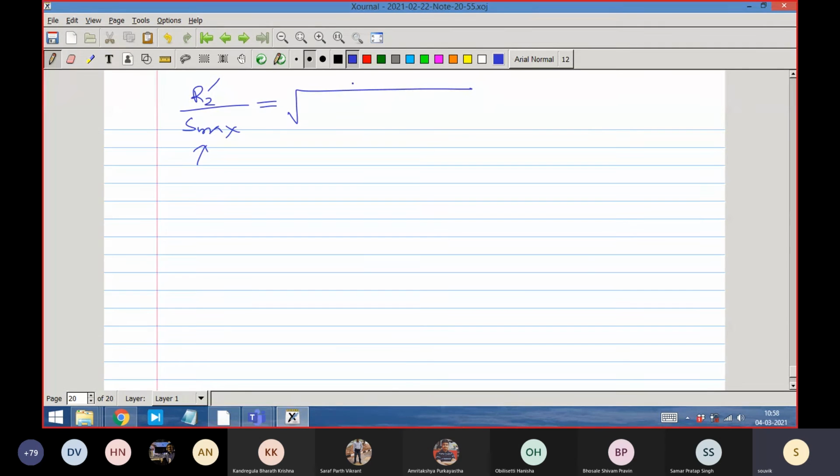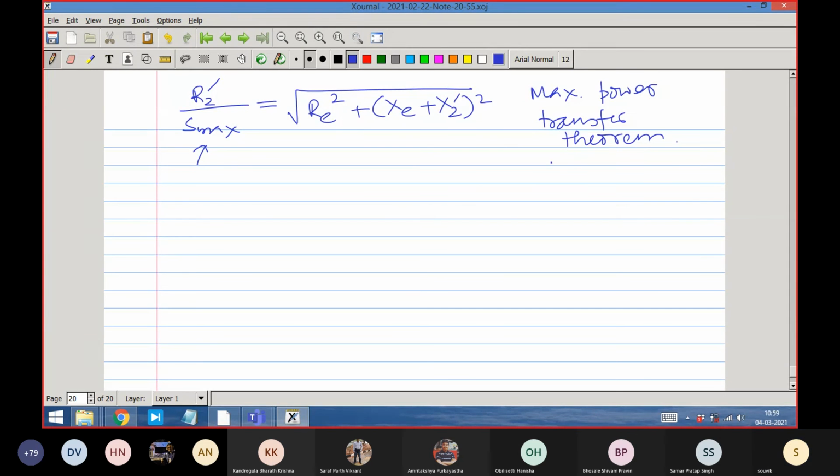You will get it from a very simple application of our maximum power transfer theorem. You have studied that in the first year: for maximum power transfer, the impedances must be equal. This is the resistance at which maximum power transfer has to happen. So this impedance has to be equal to the rest of the impedances of the circuit.